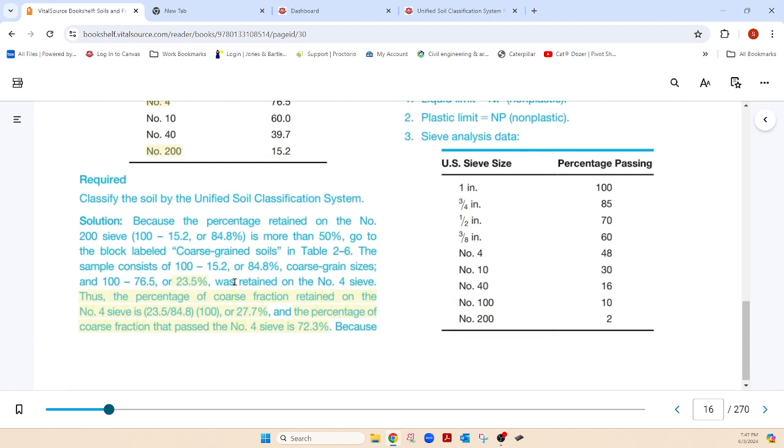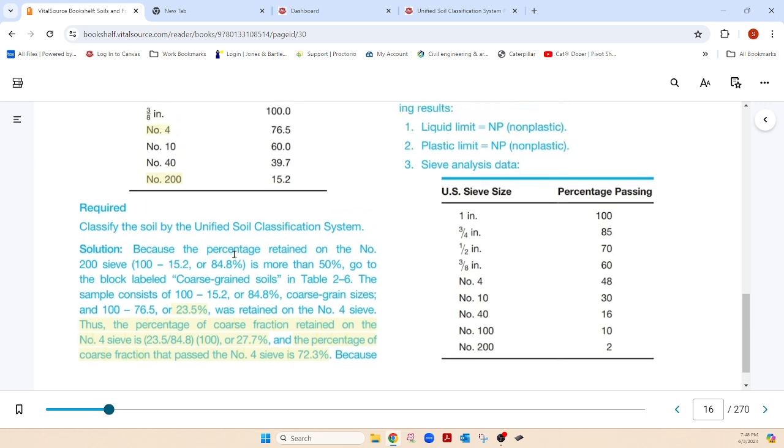So, reading from the book, they're wanting us to classify the soil by the USCS, and they're describing a solution. They start right away with the percentage retained on the number 200 sieve, that's 100 minus 15.2.